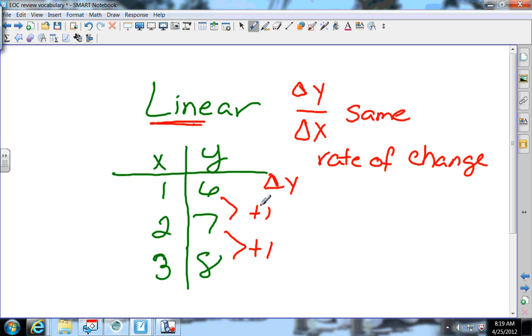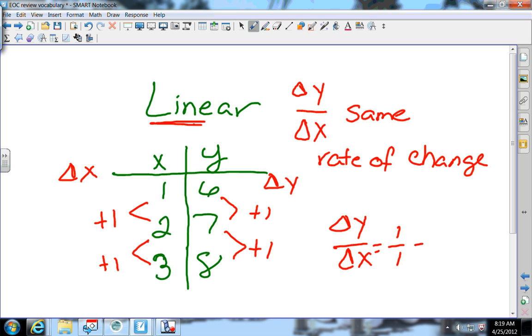Just because these are the same doesn't mean it's linear. You must divide those numbers. So delta y over delta x, 1 over 1, all of those have the rate of change of 1. This would be linear. If delta y over delta x is not the same, it is not linear. Okay? All right, so let's go back for a second.